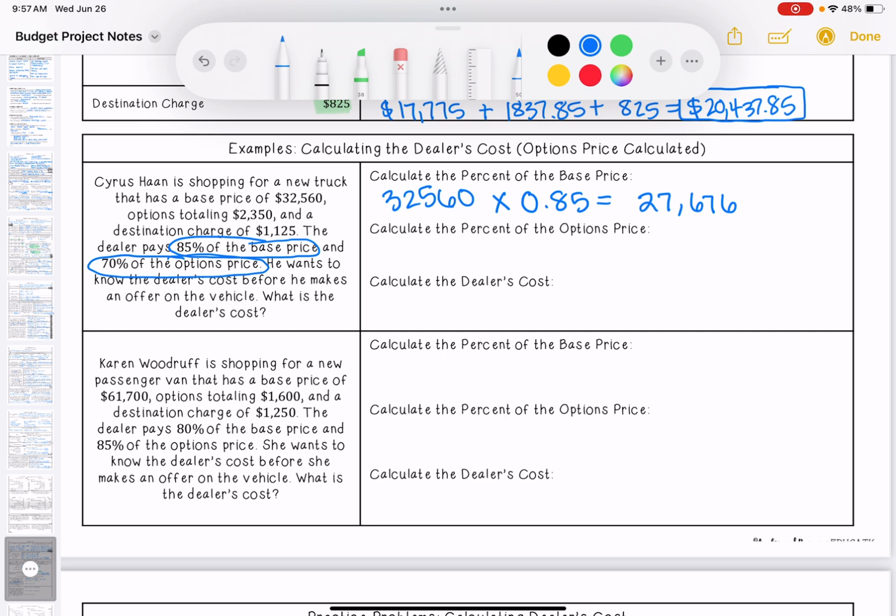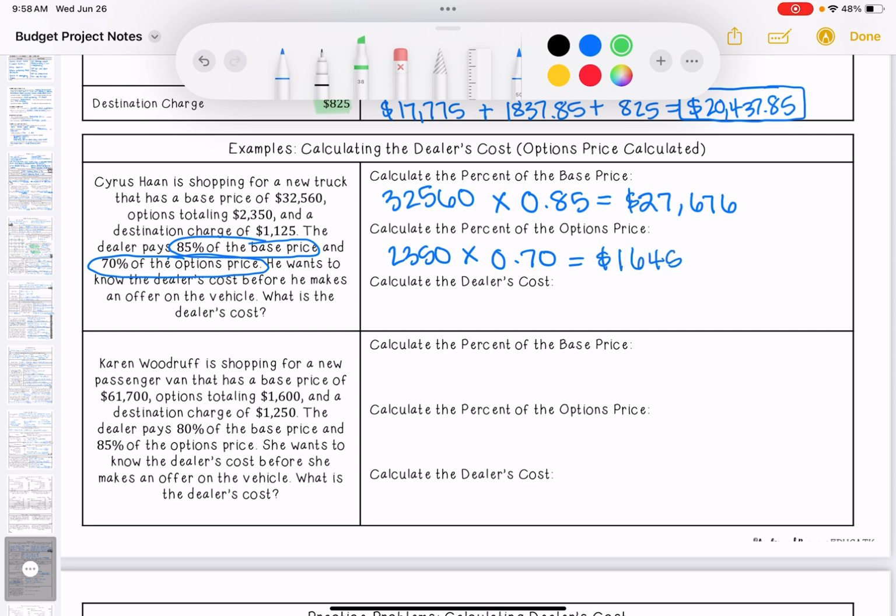All right, next I have to calculate the percent of the options price. So our options price was $2,350. And I'm going to multiply that by 0.70 because the dealer's cost is 70% of the options price, which gives me $1,645.